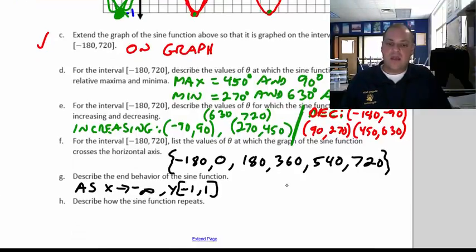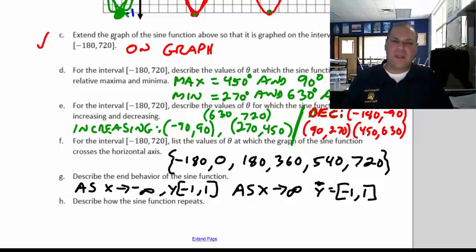And as x goes to infinity, same thing, y is in the interval negative 1 to 1. All right, so we're not really going to have to worry about end behavior for this too much.